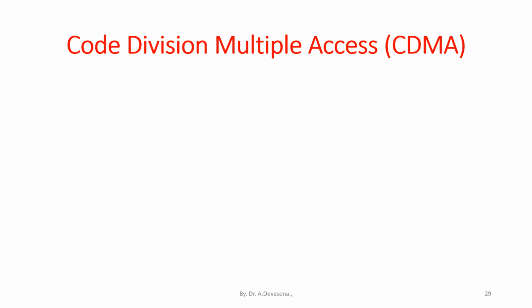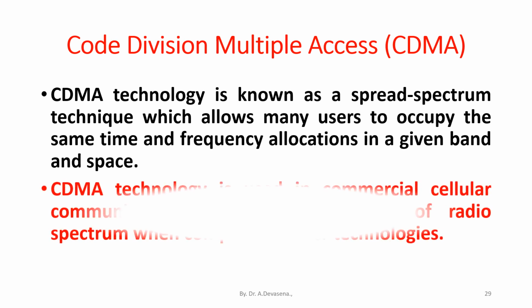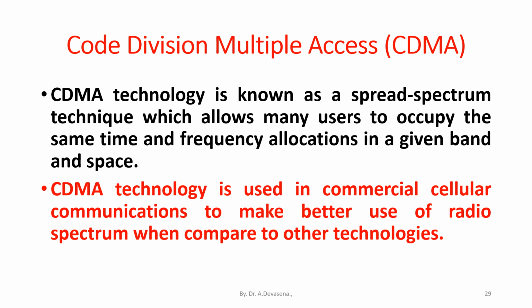Let us see CDMA, that is Code Division Multiple Access. CDMA technology is known as a spread spectrum technique, which allows many users to occupy the same time and frequency allocations in a given band and space. CDMA technology is used in commercial cellular communications to make better use of radio spectrum when compared to other technologies.